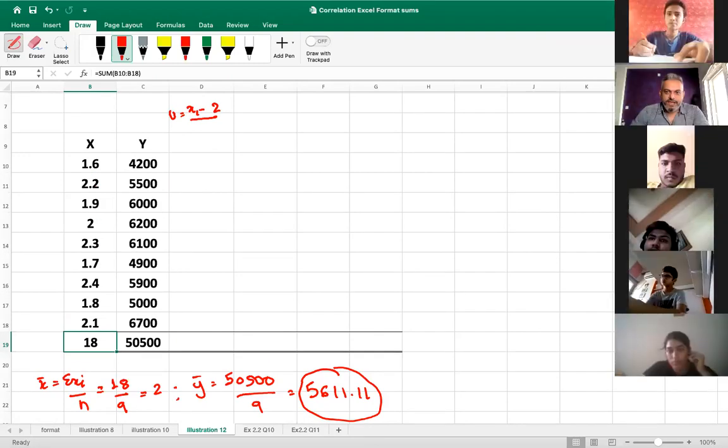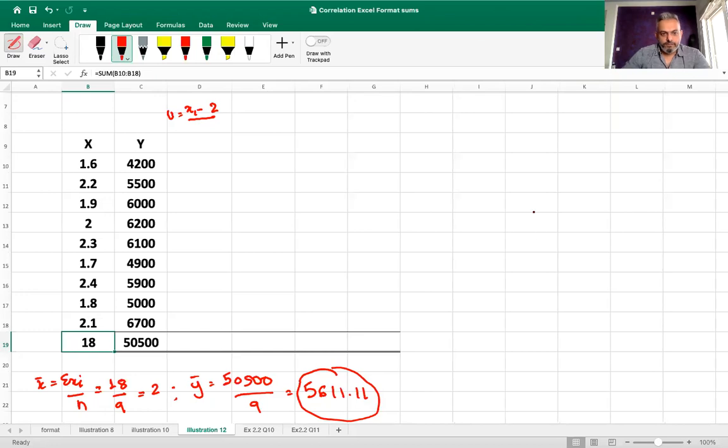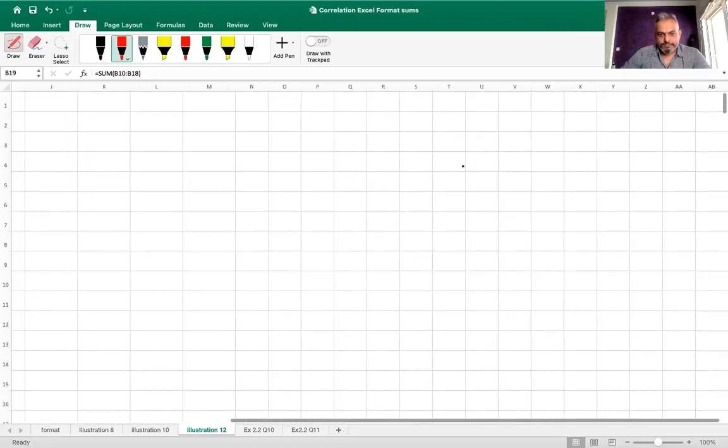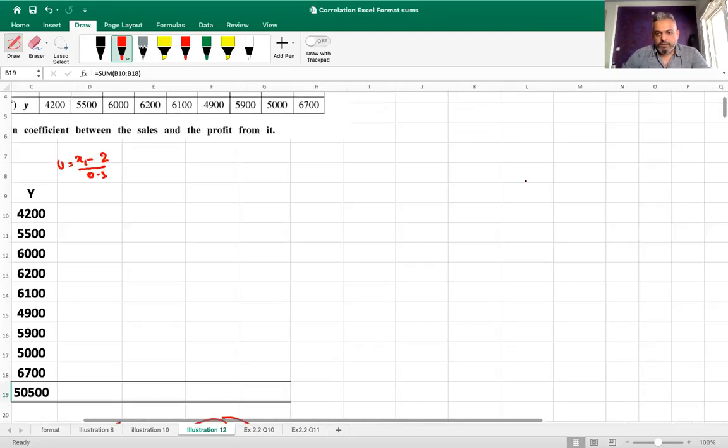So, how do we eliminate fraction? Pay attention, please. What we will do is, I'll just come on the side and divide this by 0.1. Say, for example, x is 1.6 and u is equal to x minus 2 upon 0.1.